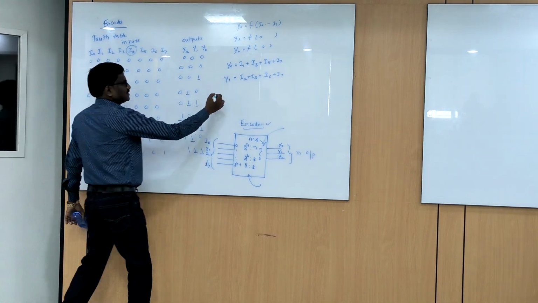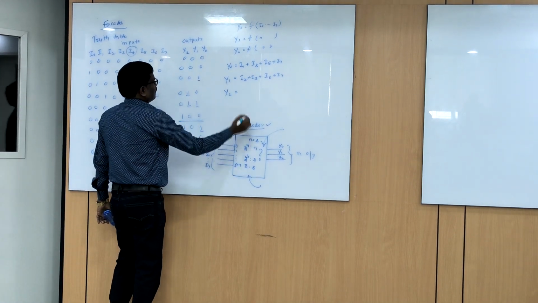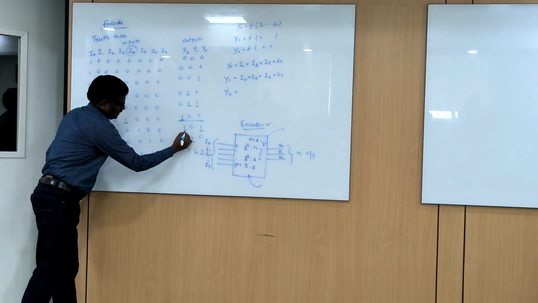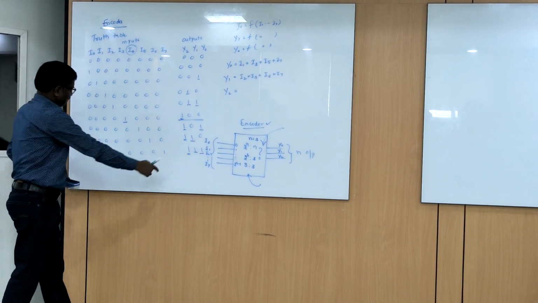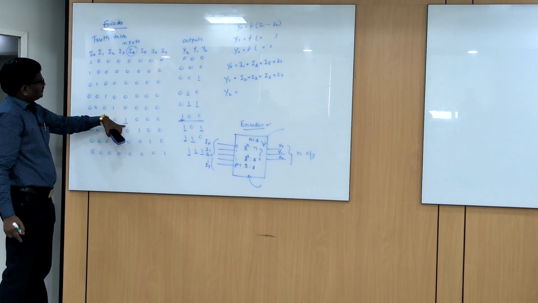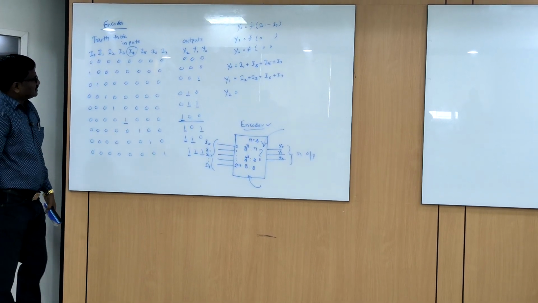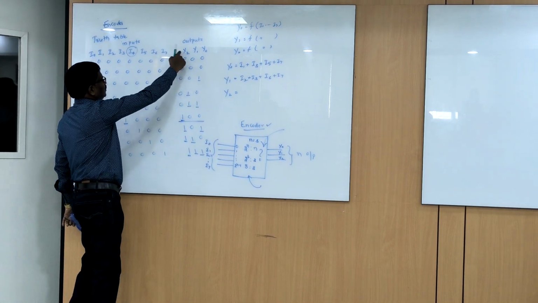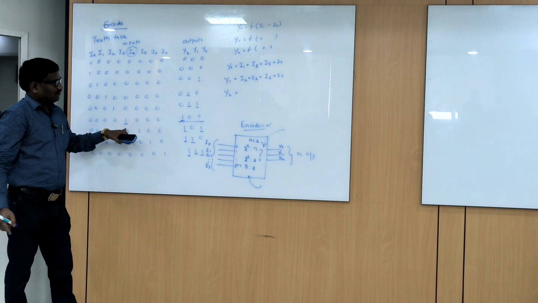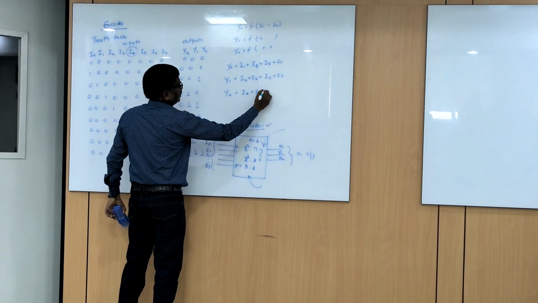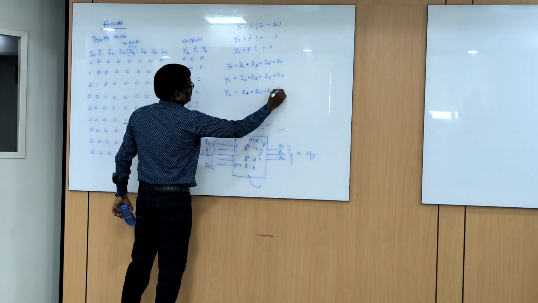Next, what is Y2? Y2 is 1 here, here, here, here. Looking at the inputs for which they are 1, is it not I4 plus I5 plus I6 plus I7? I can get Y2 from I4 plus I5 plus I6 plus I7.